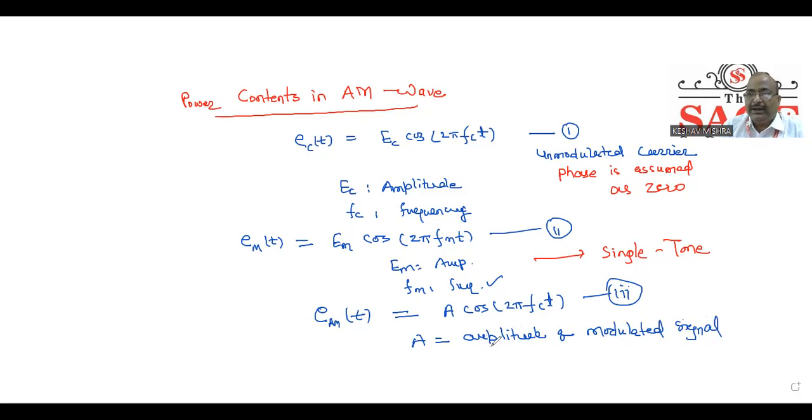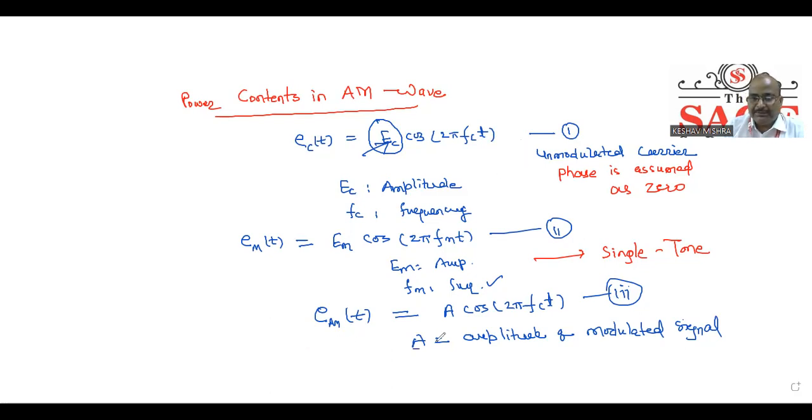Amplitude modulation is the process in which we make the amplitude of the carrier signal proportional to the modulating signal. Only the amplitude of the carrier is modified, while frequency and phase remain constant. This is the definition of amplitude modulation.